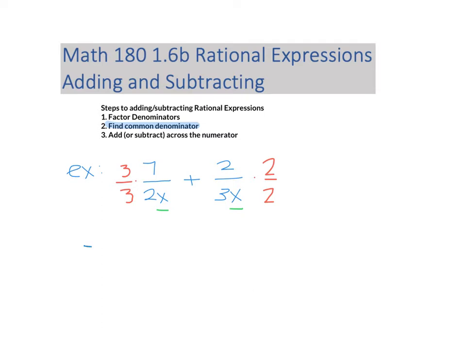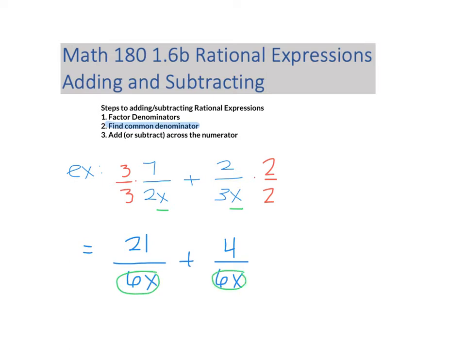So we end up with 3 times 7, which is 21, over 3 times 2x, so 6x, plus 2 times 2 is 4, over 3x times 2, which is 6x. So that now we have the common denominator of 6x.